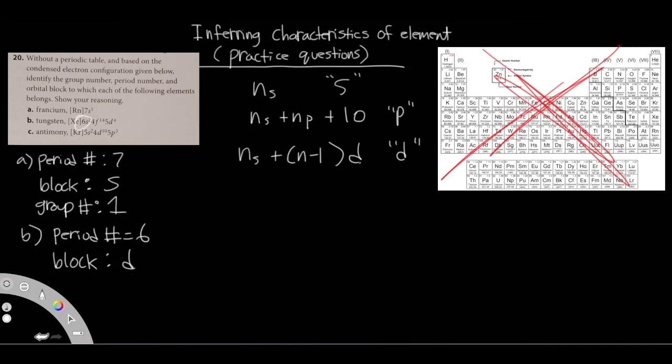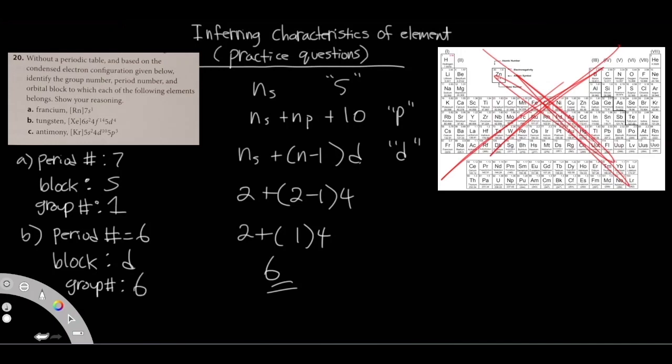So in our S we have 2, so we've got to put 2. N, again, this N relates to the S. So again, we have that same 2. You minus 1, and then you multiply by the number of electrons in the D. So you have 4. So it becomes 4. So you just do 4 times 1, 4 plus 2 gives you 6. Hence, it is 6. So your group number is going to be 6.